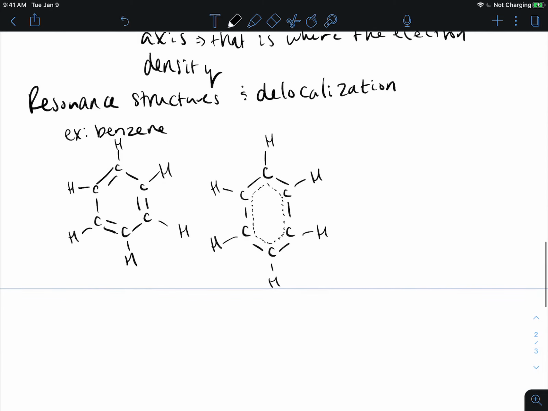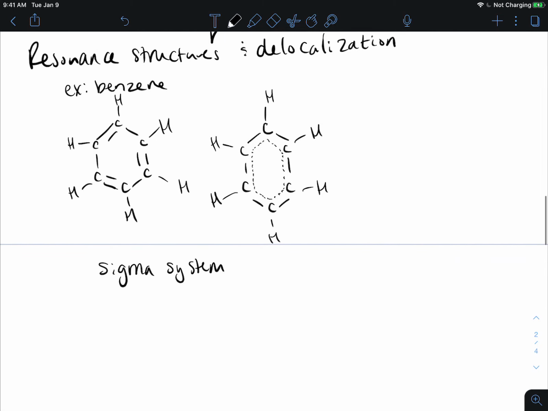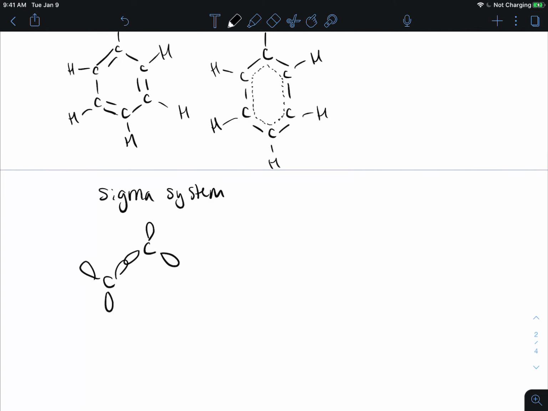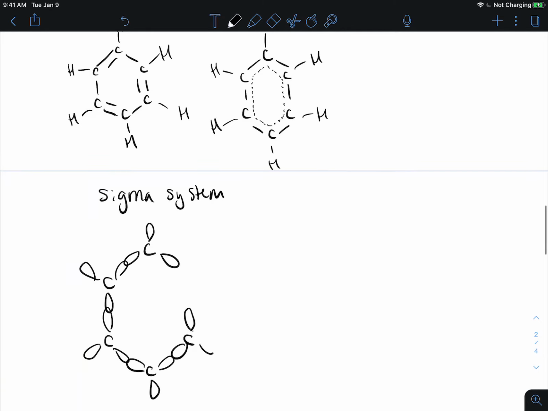So if we look at this, we can look at our sigma system, our system of sigma bonds, and we get something that looks like this.